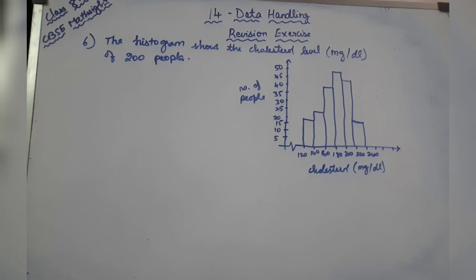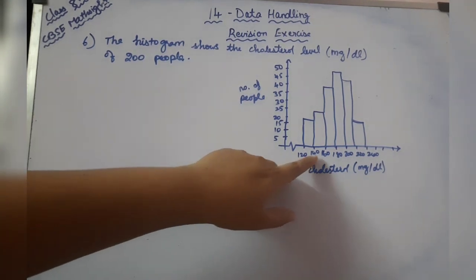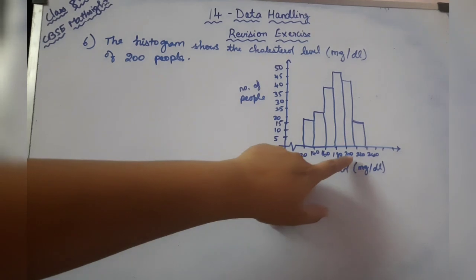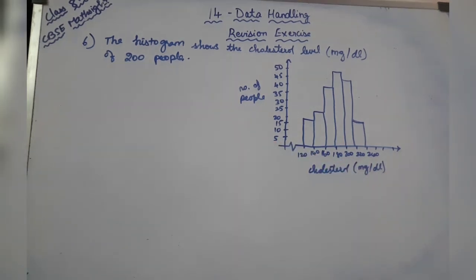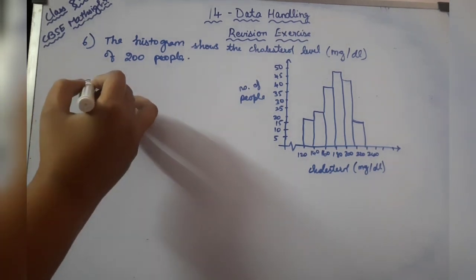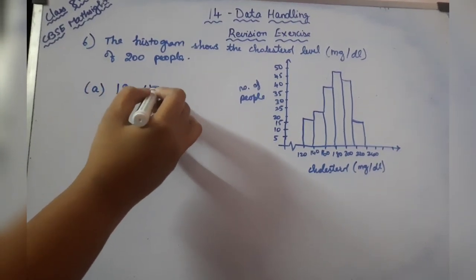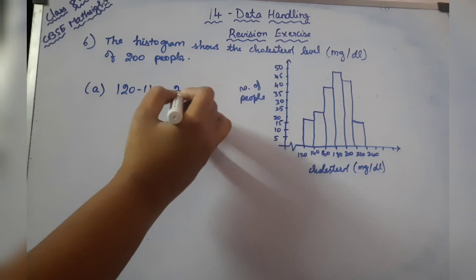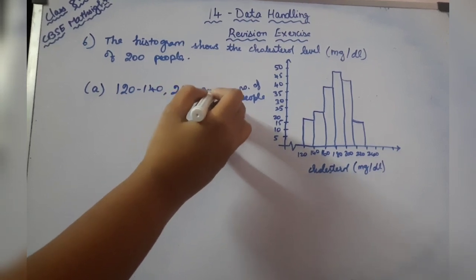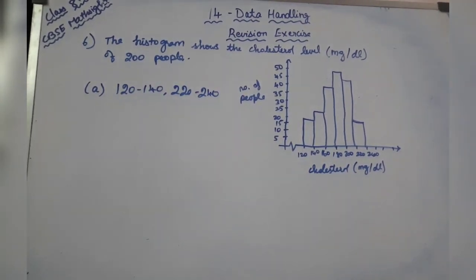We can see two intervals, 120 to 140 and 220 to 240, where 20 people have the same, lowest cholesterol level in the histogram. So the first answer will be 120 to 140 and 220 to 240. These two intervals have the lowest cholesterol level.